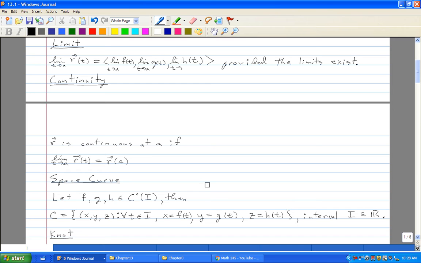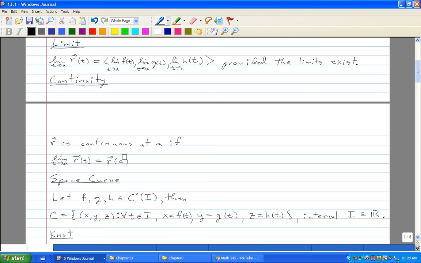Continuity. The vector function r is continuous at a if the limit as t approaches a of the vector function r of t is equal to the vector valued function r evaluated at a. Space curves.